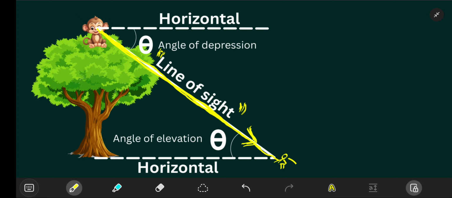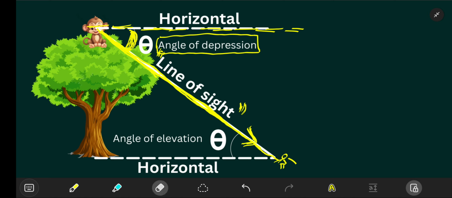Now with respect to this monkey, the angle made by the line of sight and this horizontal is called angle of depression. The angle made by the line of sight with the horizontal is called angle of depression.